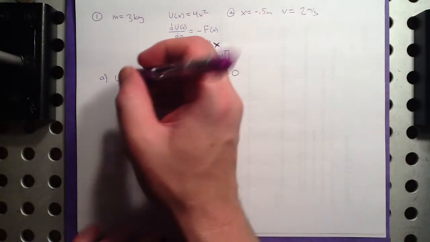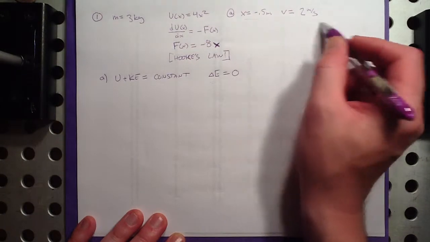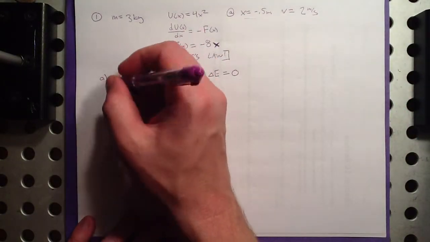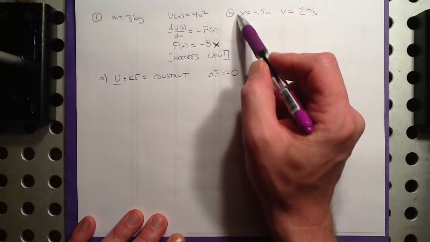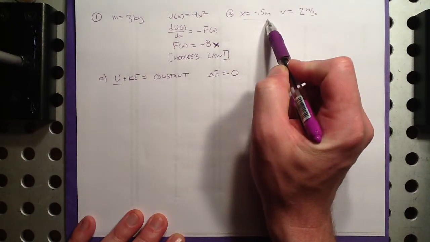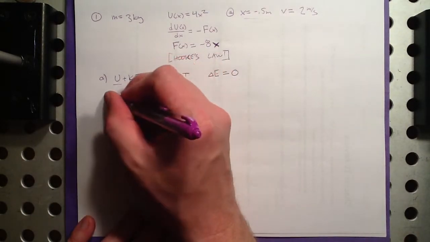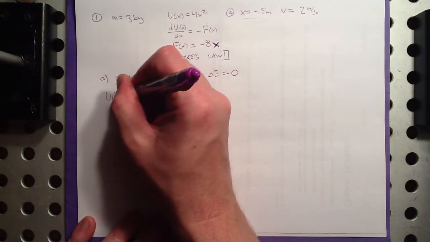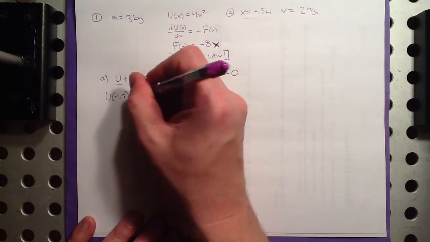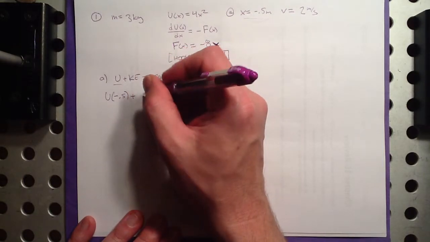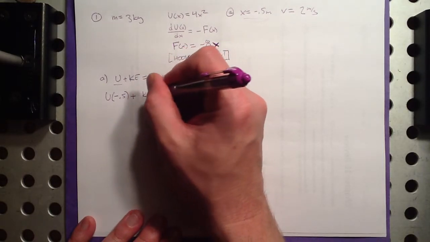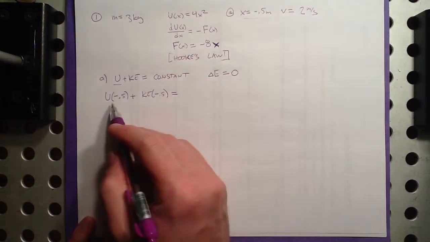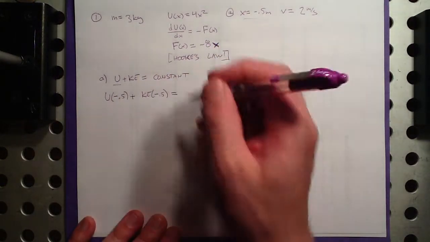So let's see. We know this, and we know this from our potential energy function. So I'm going to use this point, this location. So potential energy at negative 0.5 plus the kinetic energy at negative 0.5. That would be our constant mechanical energy.